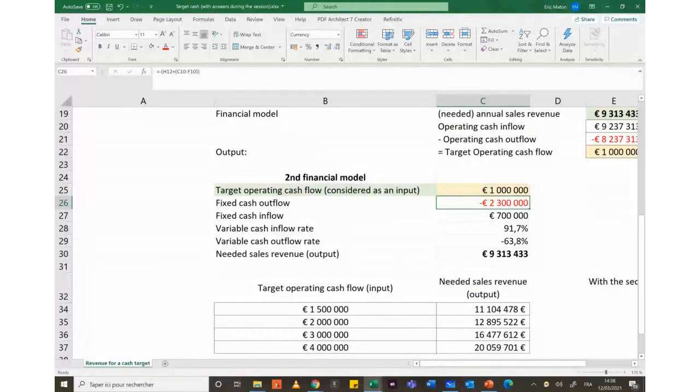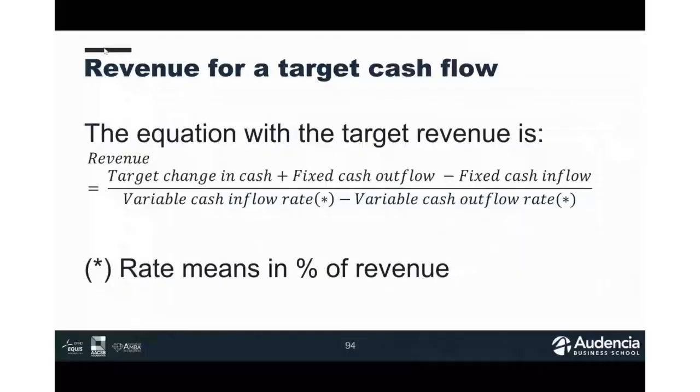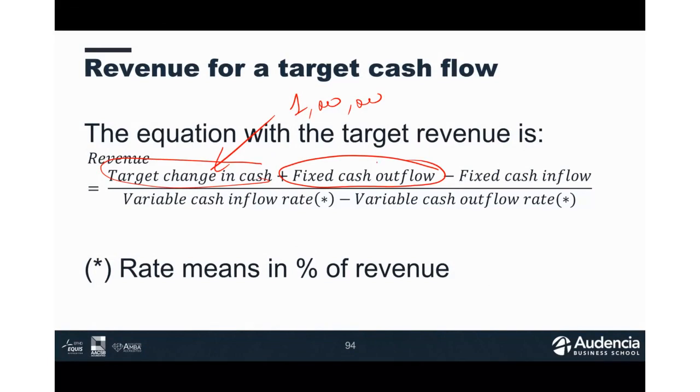It's the fixed part. It's because in the second model, we want the values we have in the PowerPoint. We need this one. So we say it is 1 million. What is paid during the period, but not in function of the revenue, is here.